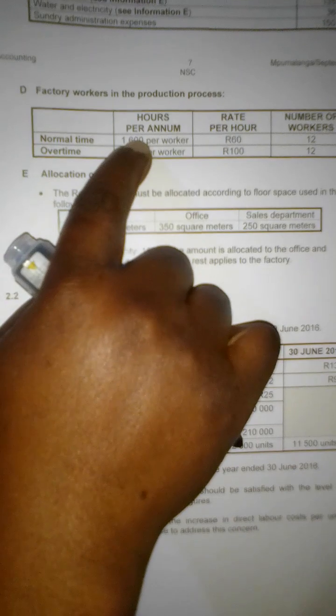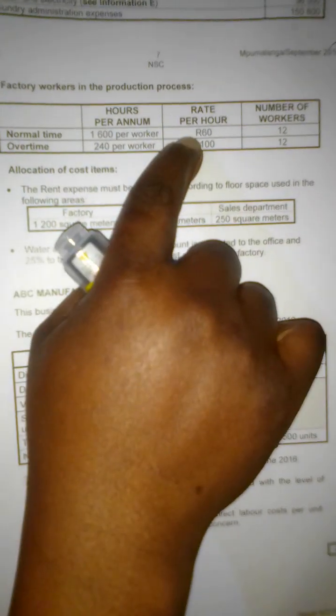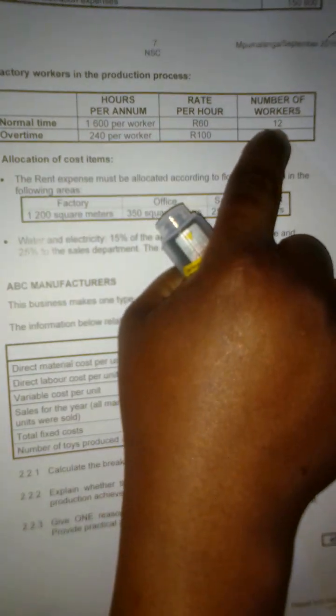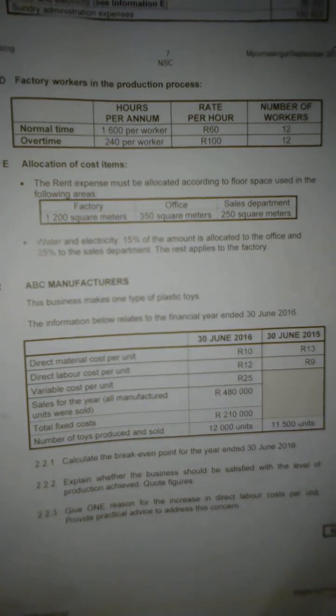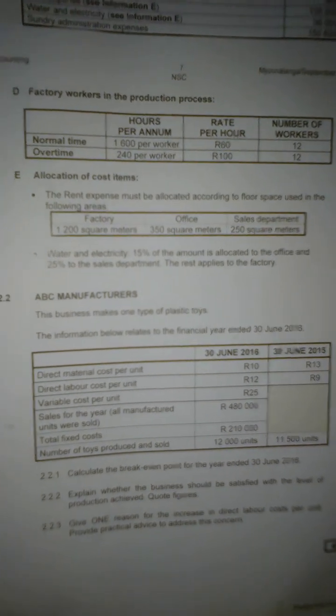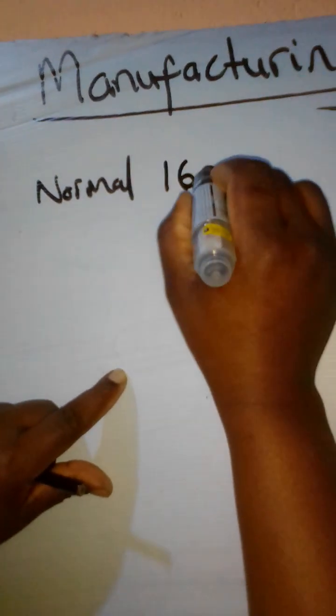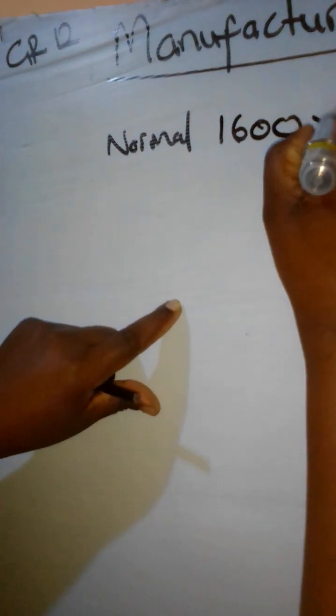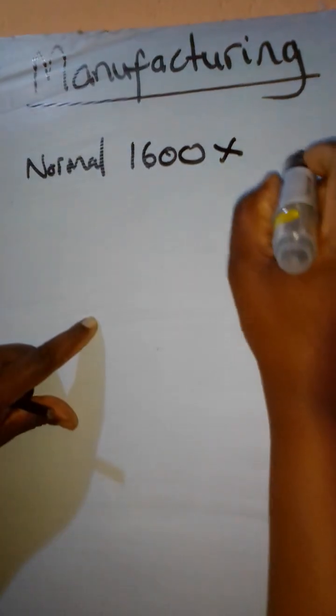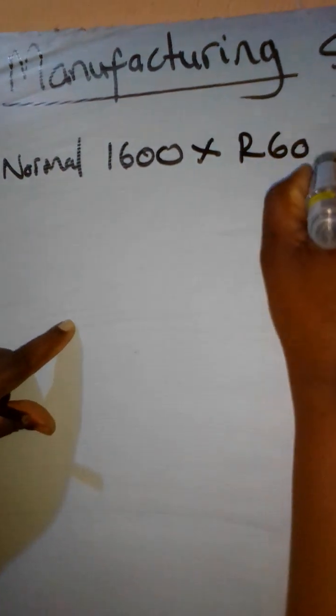This is how we are going to do the calculation: how many hours were worked on the normal time, what was the rate, and then the number of workers. For the normal wage, we have 1600 hours, multiplied by the rate per hour, which was 60 rand, multiplied by the number of workers, which is 12.